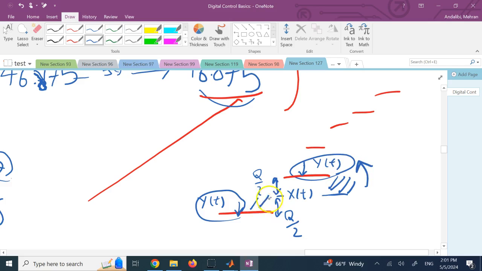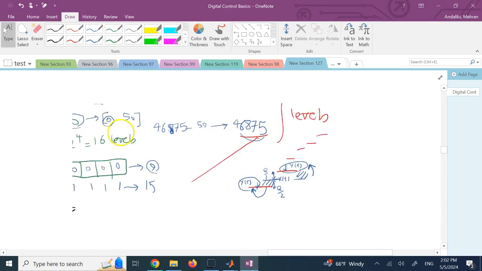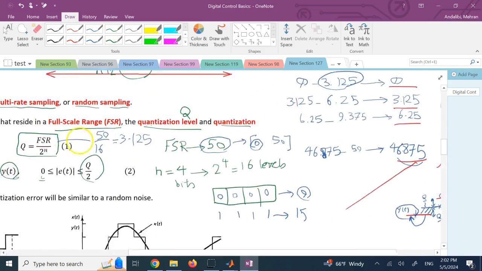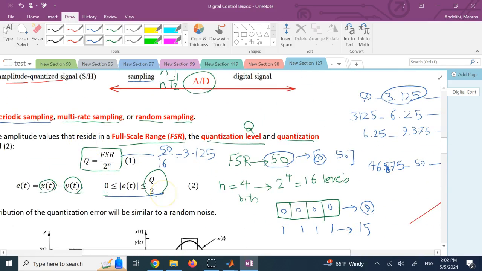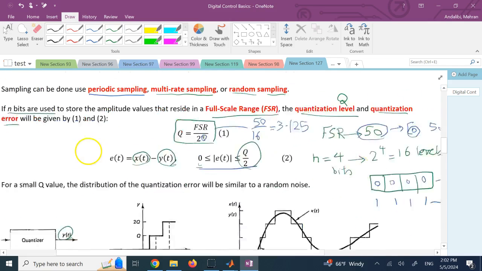If it is in the bottom region, it is going to be rounded to the bottom level. So you really can only have at maximum Q over 2 error. Okay, that is the level of error that you can get. And of course, the bigger the n, the smaller the q, the smaller the level of quantization error. But of course, you can only have so many bits in a computer.